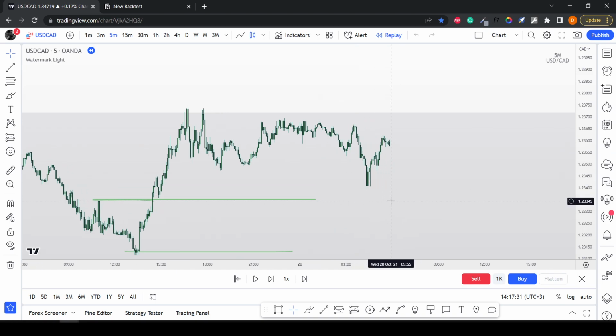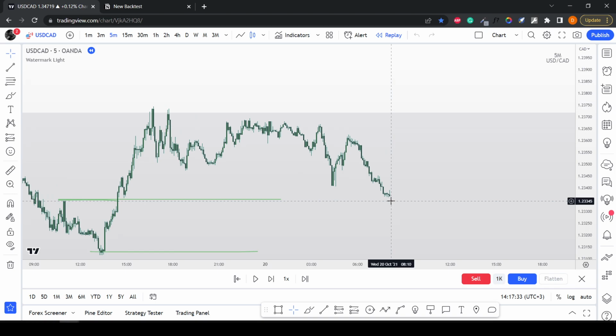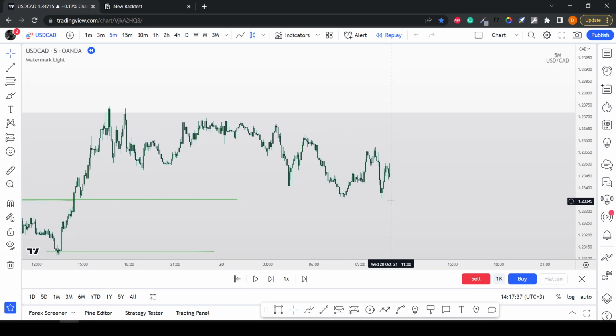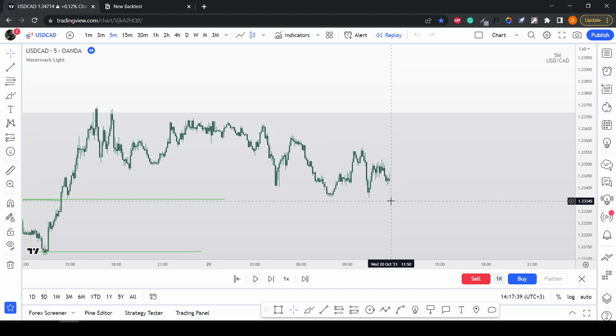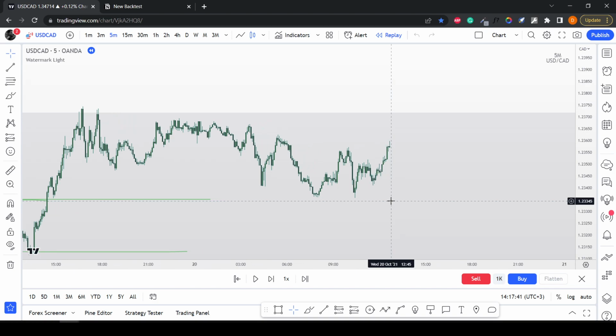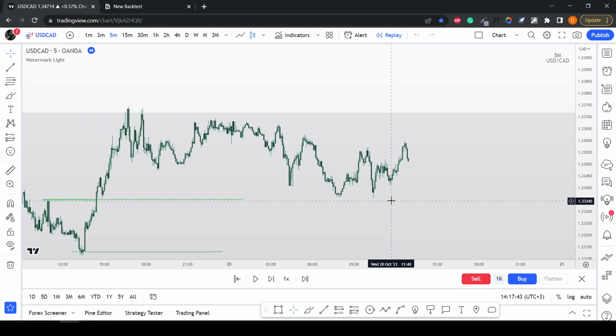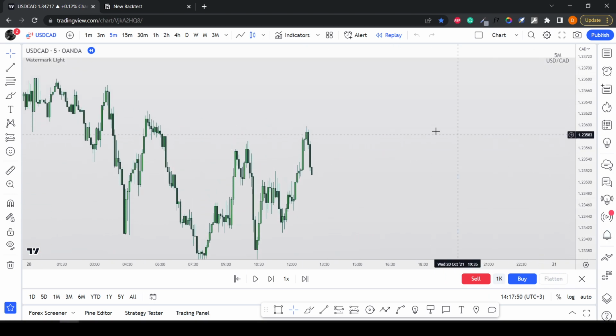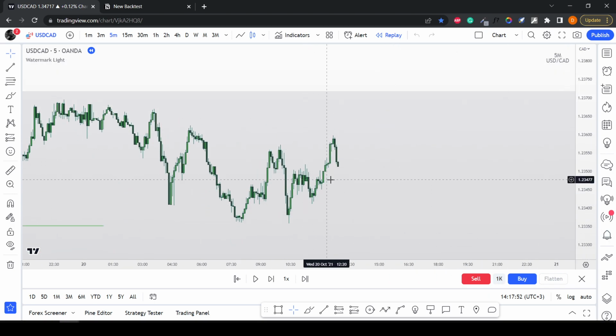So at this point, I'm fine with looking at some longs on 5 minutes. Pretty rangy, and still have this zone to mitigate, but because of this clear push and mitigation, I'm okay to look for entry.